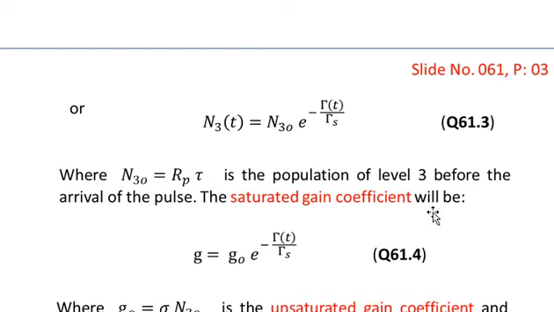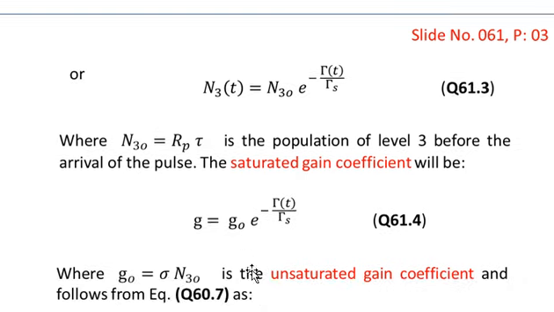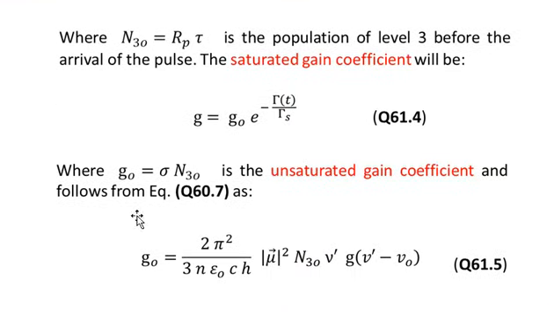The saturated gain coefficient will be G is equal to G naught e to the power minus gamma of t over gamma s, where we have used G naught is equal to sigma times n30, and this is the unsaturated gain coefficient, and follows from equation number 60.7.